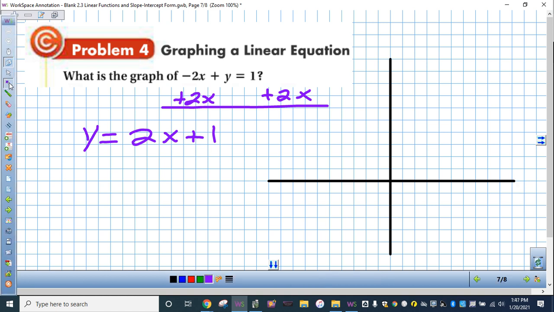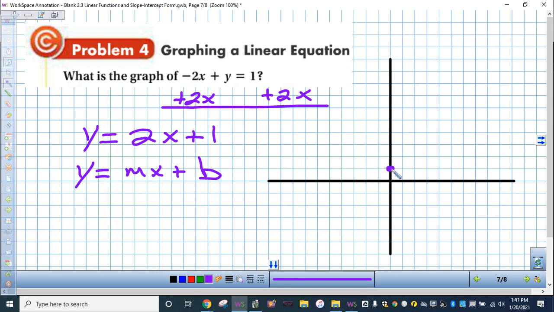So to graph this line, we start with the b, right? So we're thinking y equals mx plus b. So you start at the b. In this case, it's positive 1. So the b is the y-intercept. It means where it crosses the y-axis. So we start there. If you need the rise and the run of the slope, you can put that 2 over 1.